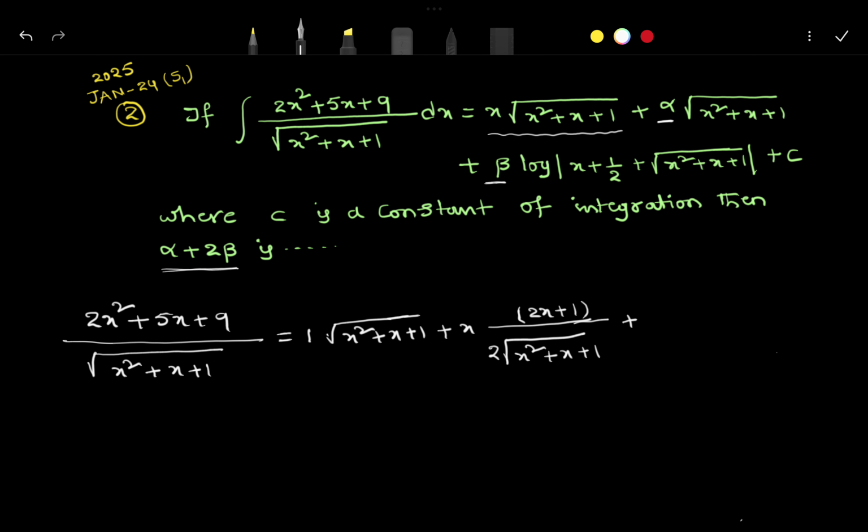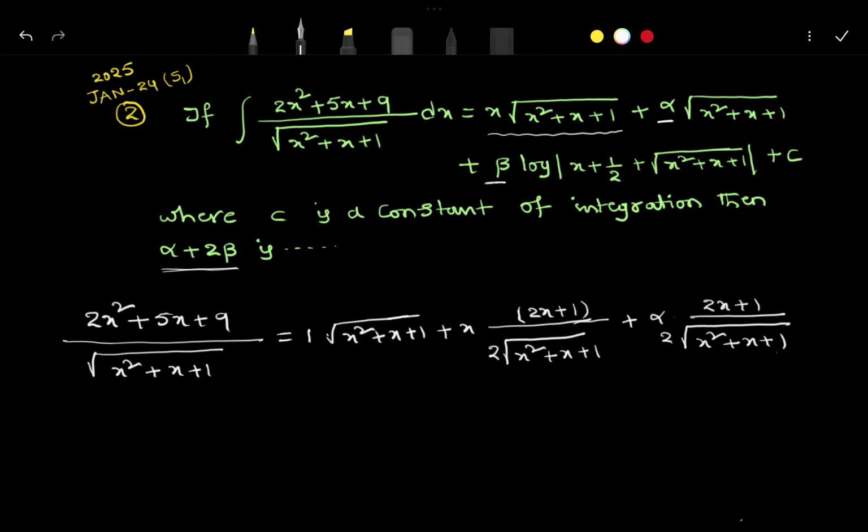Plus next alpha into, alpha is a constant, so this derivative will be (2x plus 1) divided by 2 root of x square plus x plus 1.